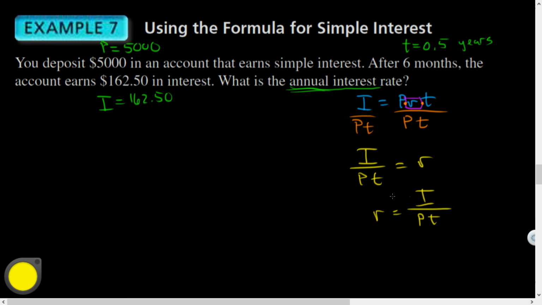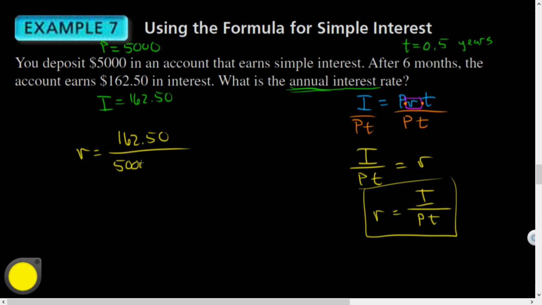And so now that I have a rate formula, I rearranged my formula, I can now plug in all of the components I have and solve for R. So that means R is going to equal 162.50 divided by the principal, 5,000, multiplied by time, which I converted to years, 0.5.